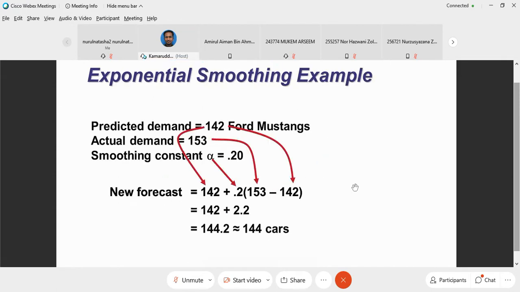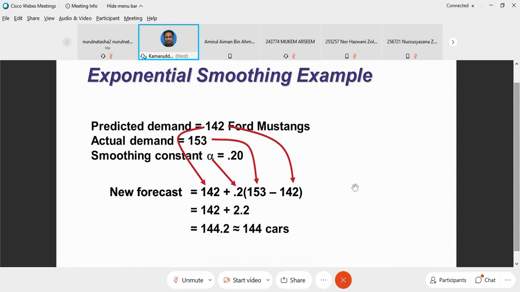For example, let's say the forecast demand is 142 in October, and the actual demand is 153 in October, and we're using a constant alpha value of 0.2.